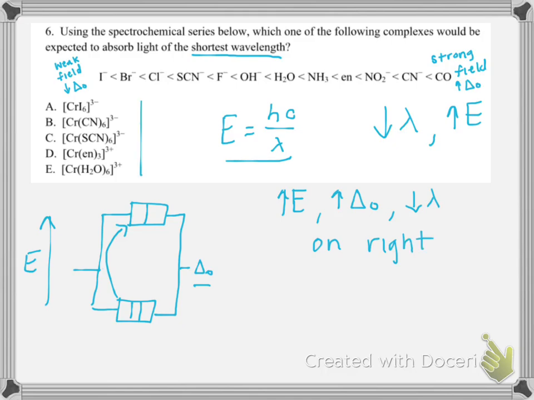So we just look at all the options here and the ligands associated. And we can see that the cyanide is furthest to the right, so it will be the strongest field and give us that biggest energy gap. So we would need a shorter wavelength of energy to promote it. Okay, so that one's just going to be B.